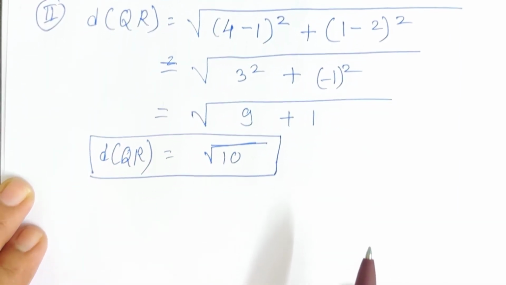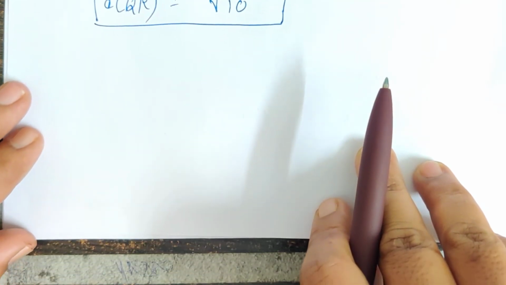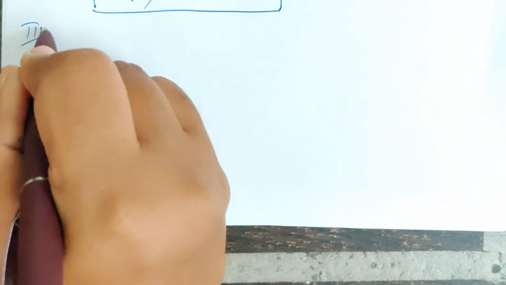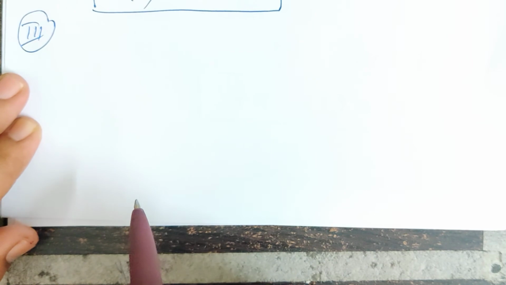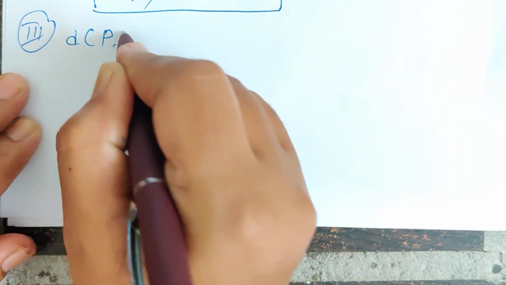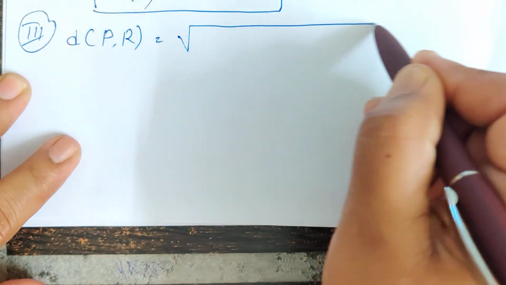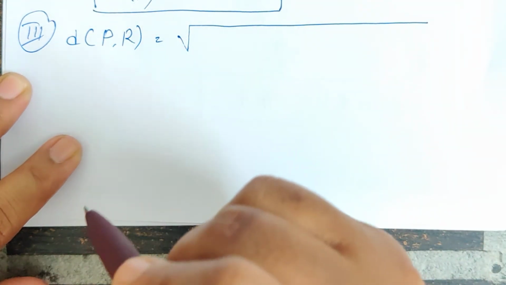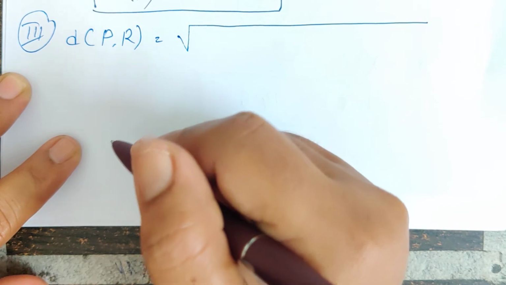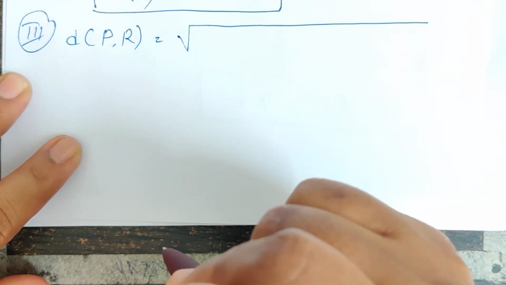Now we will see the third part of this example. We got the distance of PQ, QR. Now we will find out the distance of PR. Keep the example open in front of you so you can see the coordinates of P and R. The coordinates of P are -2 and 3 and R are 4 and 1.